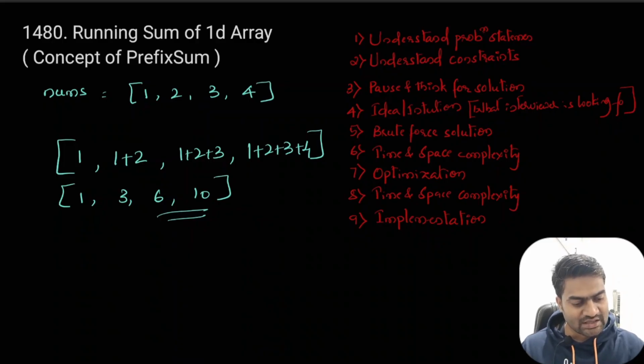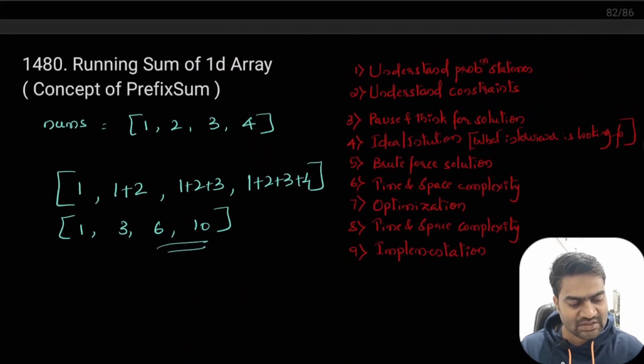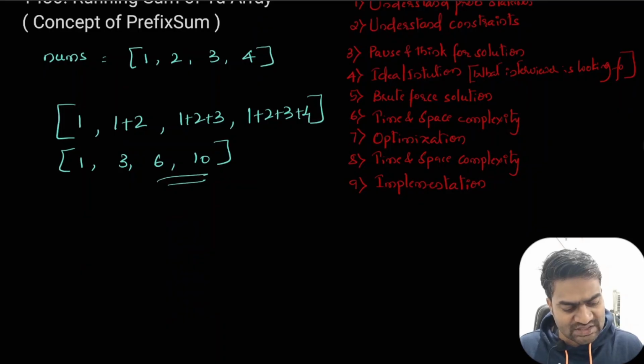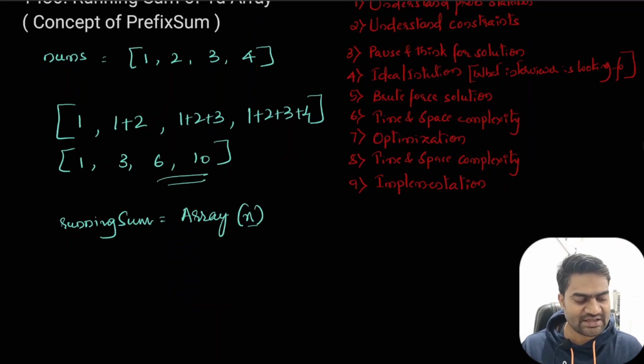Now let us look into the pseudocode. What exactly do we need? First, we need one loop which iterates over the different positions to find that running sum. Then another loop to iterate from 0 till that particular number. First, I will create runningSum, an array of size n, where n is nothing but our nums size, so n equals nums.length.